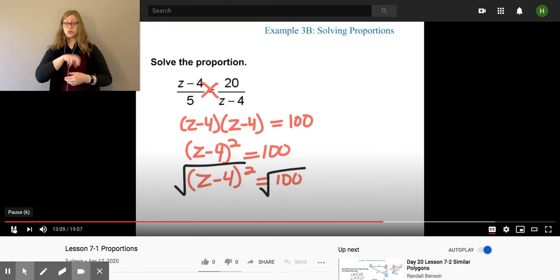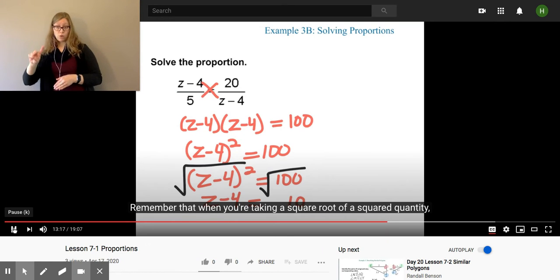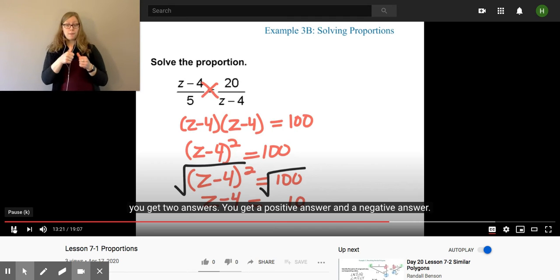And so now I have z minus 4 equals 10, but not just 10. Remember that when you're taking the square root of a squared quantity, you get two answers. You get a positive answer and a negative answer.